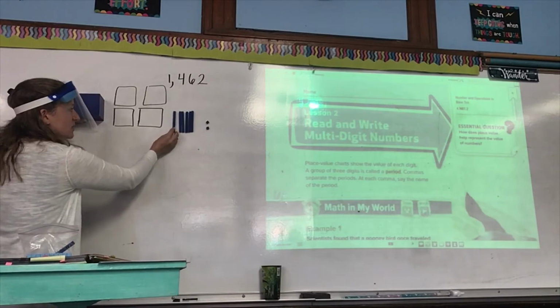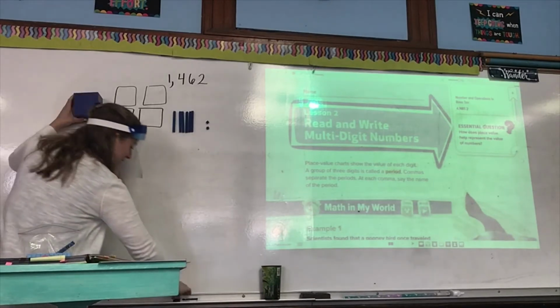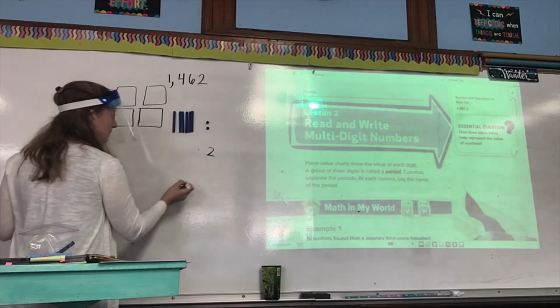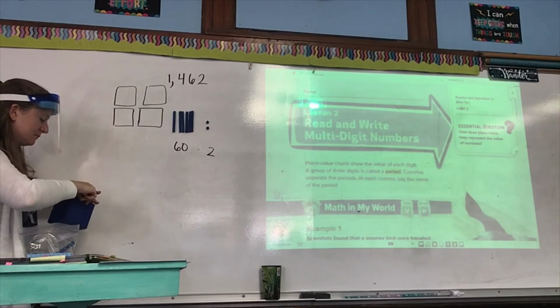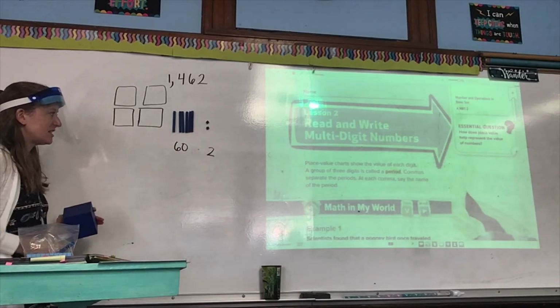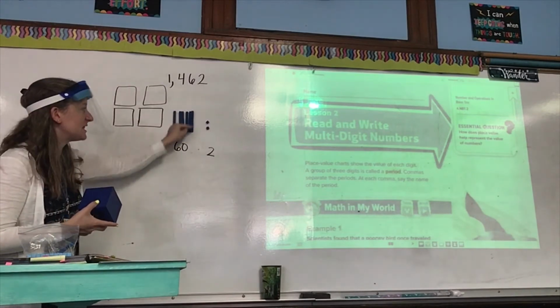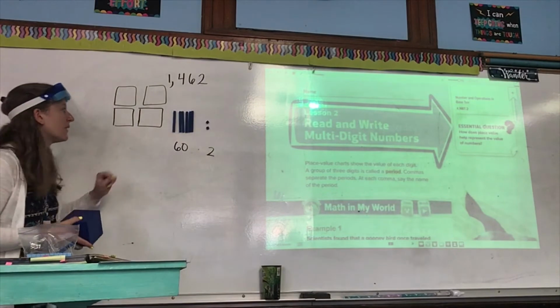But how many ones cubes make up 6 10 rods? Aaron? 60. So we have 2 ones cubes here and 60 ones cubes here, because remember, there are 10 ones cubes in a 10 rod. So if we have 6 10 rods, that means we have 60 ones cubes.